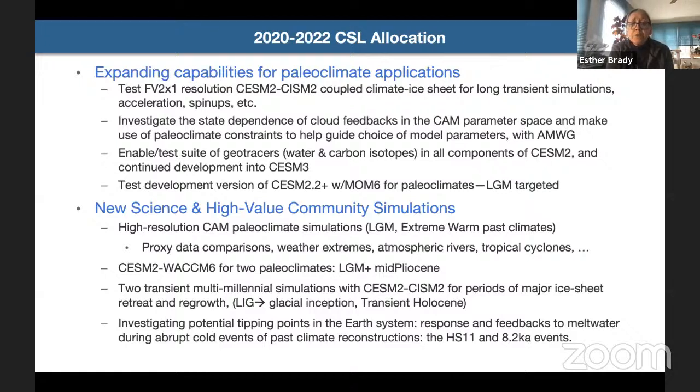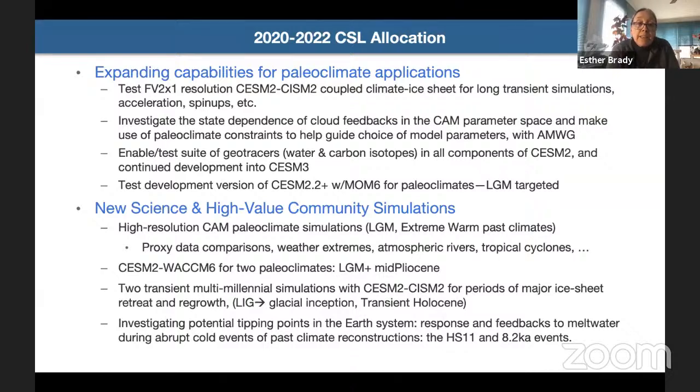We're planning to enable and test the suite of geotracers available and continue implementing water and carbon isotopes in all components of CESM2 and continue development into the development stream of CESM3.